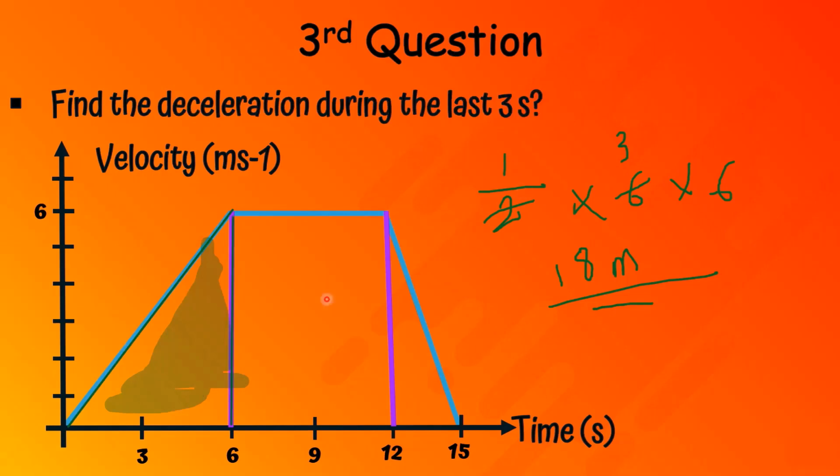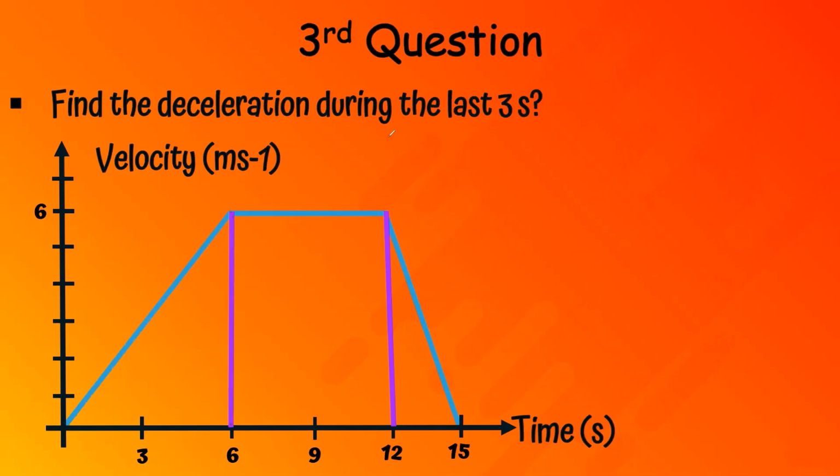Find the deceleration during the last 3 seconds. Deceleration means this thing. This is deceleration. So it is the same equation for acceleration as well as deceleration. Change of velocity is final velocity minus initial velocity. So final velocity is 0 here.